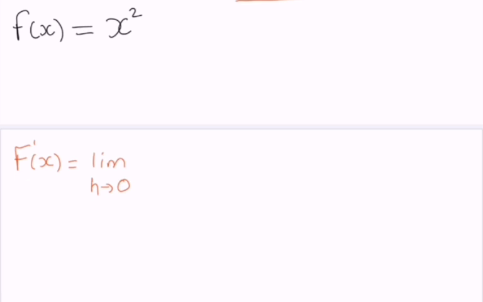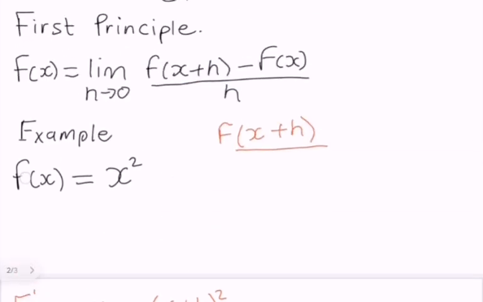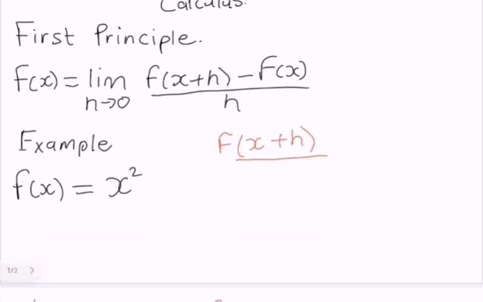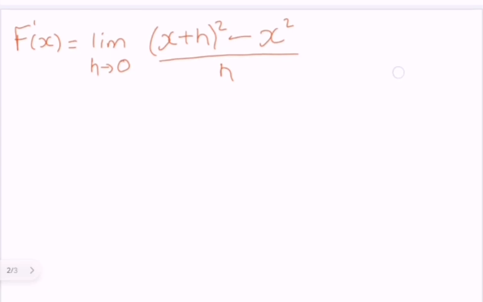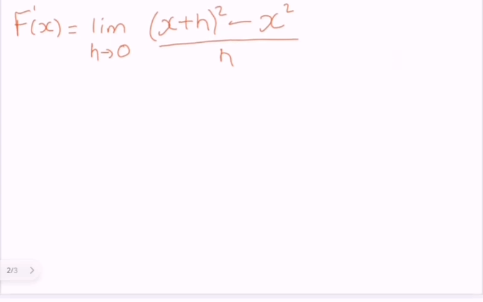But then whenever we see x, we substitute x plus h. Then it will be like x plus h squared minus our f of x, which is just x squared, divided by h. Do you follow? I hope so.